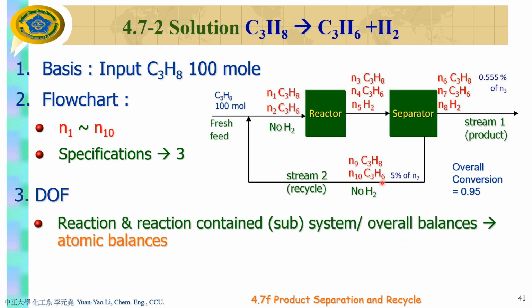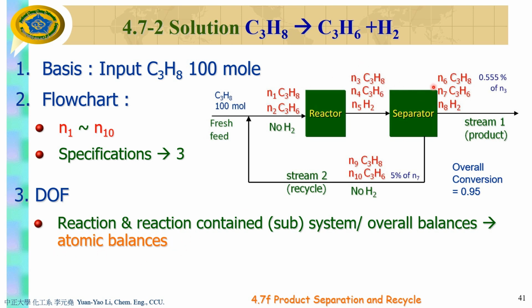The key is that if the system involves chemical reaction, we suggest you do atomic species balance. For example, if you do the overall unit system, and this overall unit system involves reaction, then you do atomic species balance.